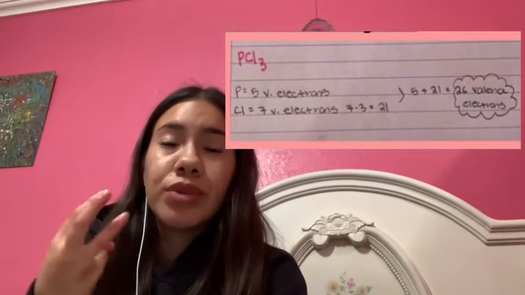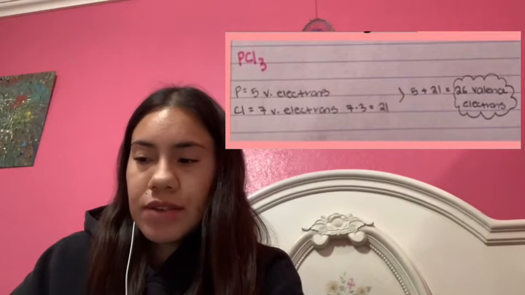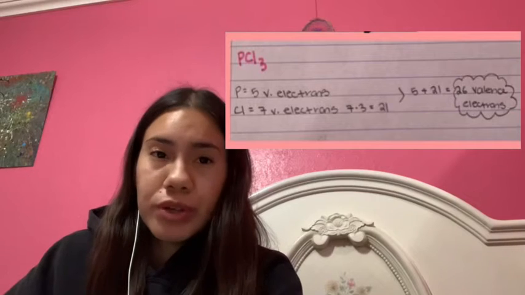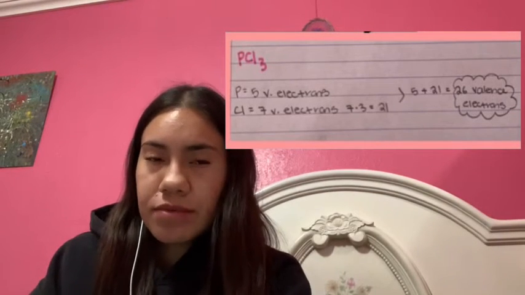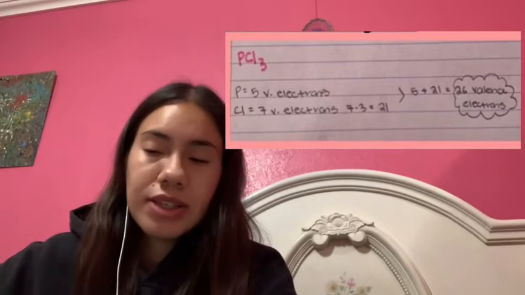Since we have 3 atoms of chlorine, we multiply 7 by 3 and get 21. We add 21 and 5 from phosphorus, and we get a total of 26 valence electrons.